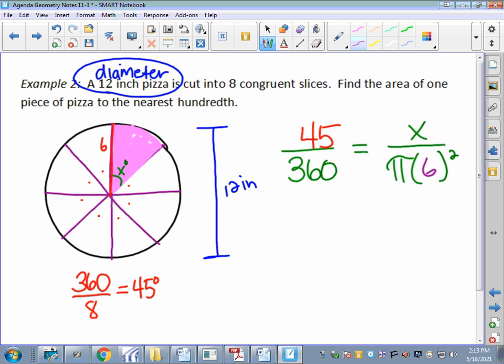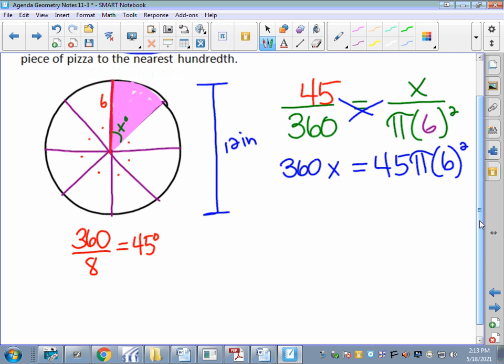Now, doing my paper and pencil math first, I can cross multiply. So 360 times x equals 45 times pi times 6 squared, or if you wanted to do the math, 36. To solve for x, I'm going to have to divide by 360 and divide by 360.